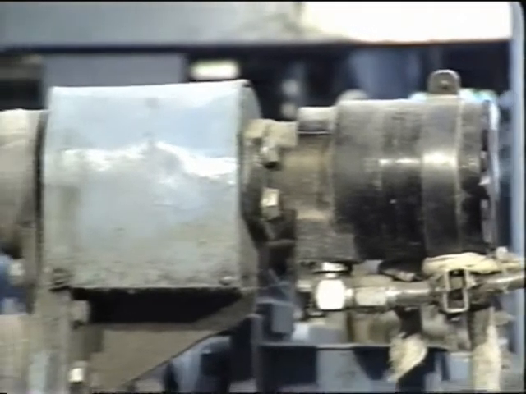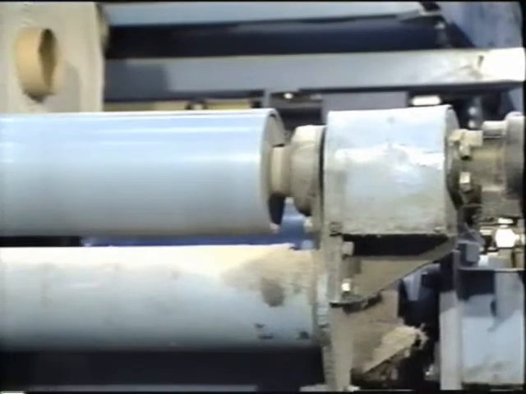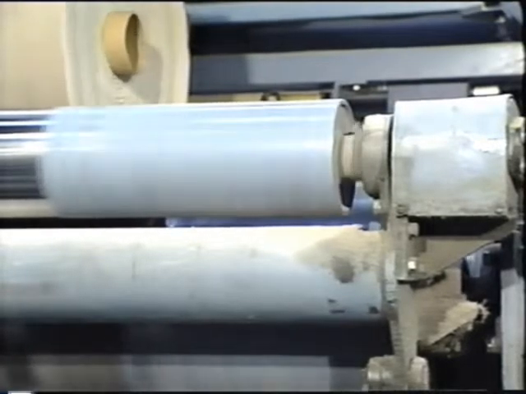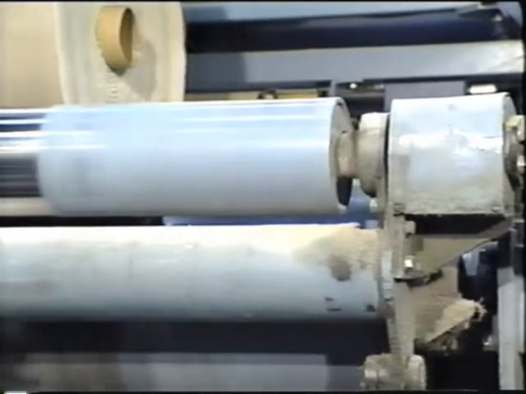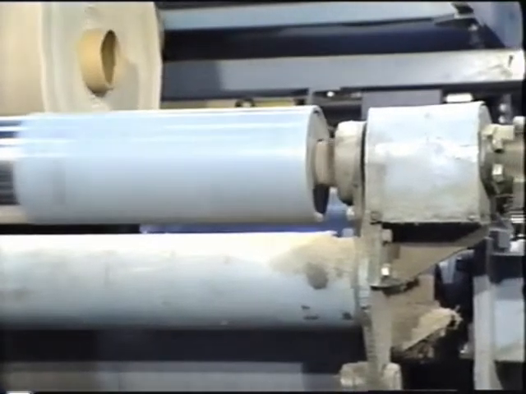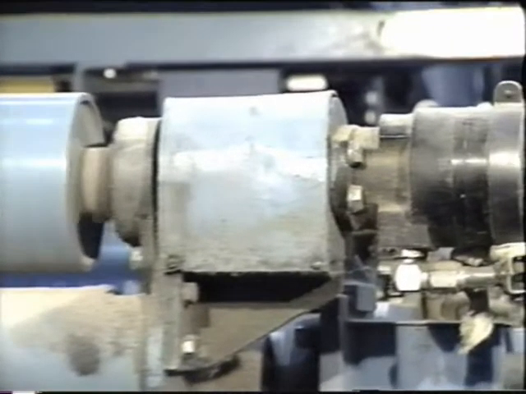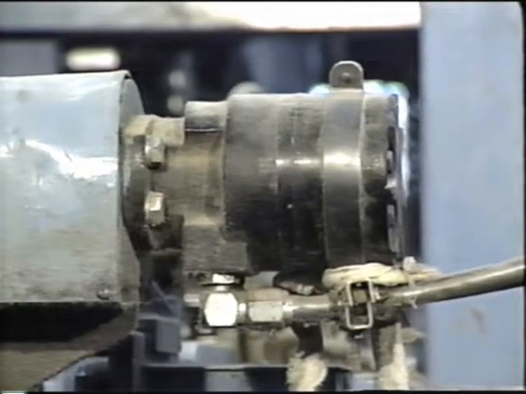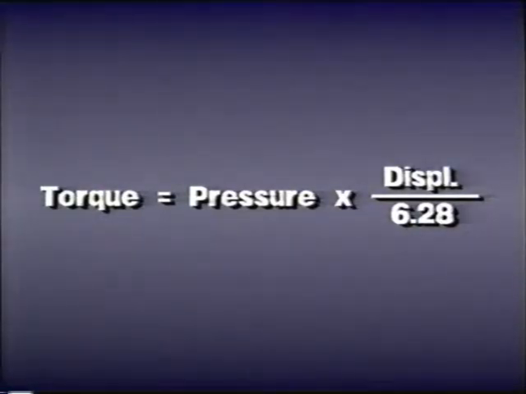A rotary actuator, like a motor, generates torque in the same way. If the displacement of the motor in a system is increased, the torque it can generate from any given pressure will also increase. Larger motors will generate more torque at the same pressure. To calculate the torque of a rotary actuator, we multiply the pressure in pounds per square inch times the displacement of the actuator in cubic inches and divide by a constant 6.28.